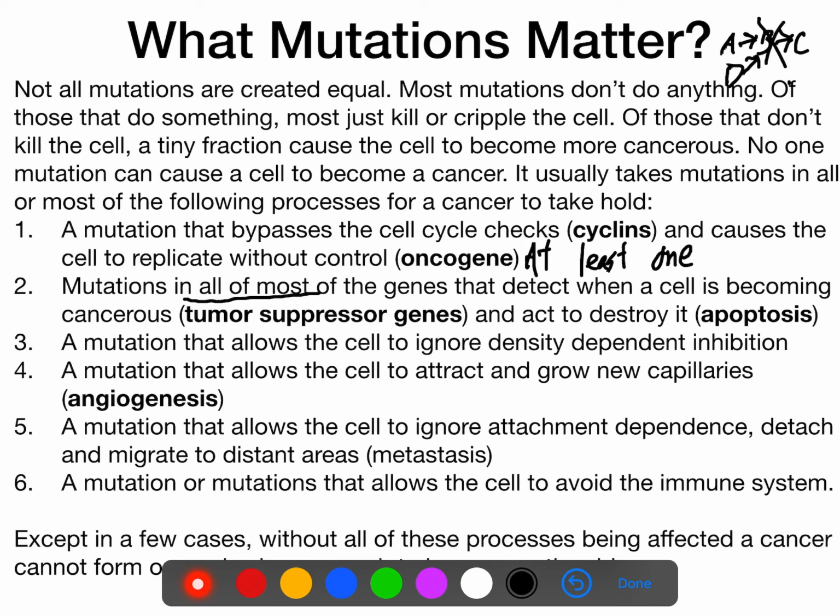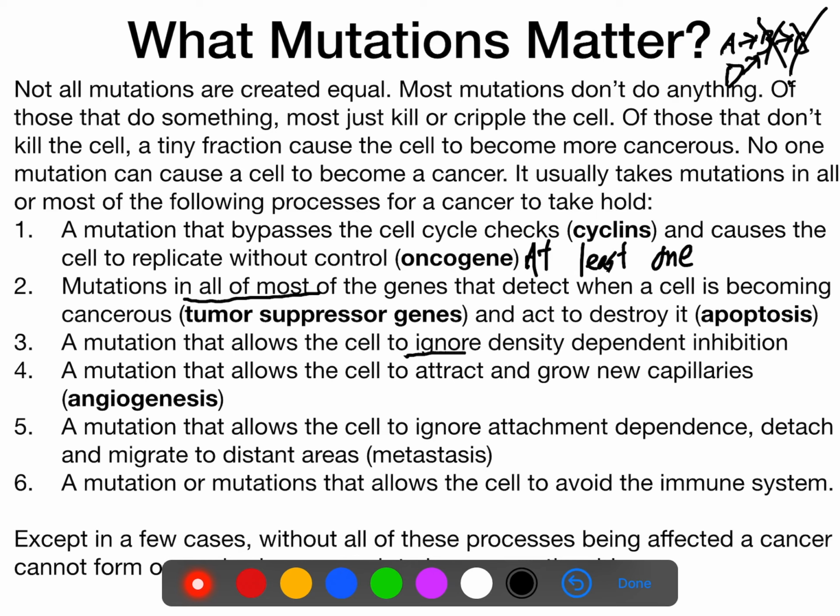You would just need to cut off B or C, because that would block the path. But there's a number of different tumor suppressor pathways, and you have to block all or most of the tumor suppressor pathways with mutations. Otherwise, your cancer is going to kill itself off before it even really gets rolling.